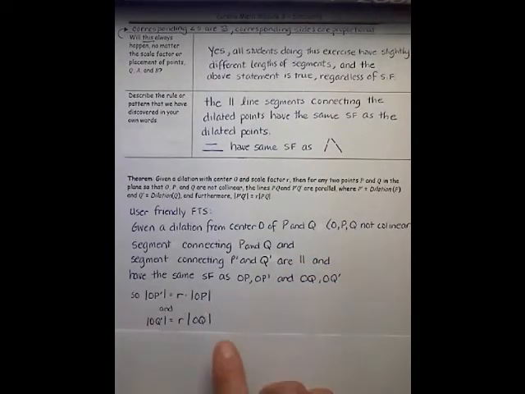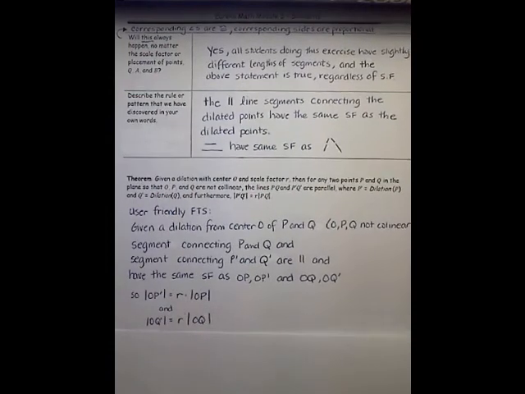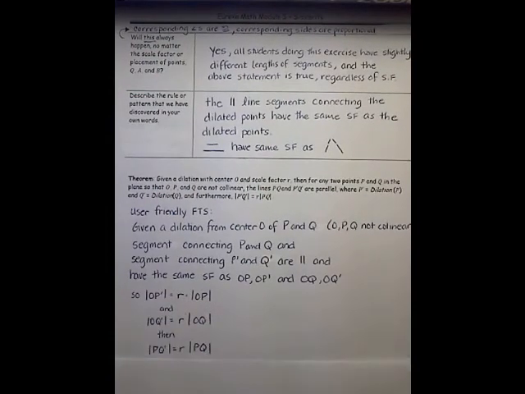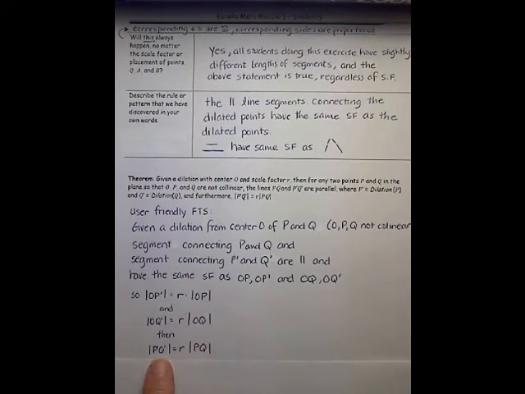There we go. So this is the length of the original segment times the scale factor equals the length of the dilated segment. Then we know that, and these are the segments connecting these points, the length of the original segment times the scale factor will be the length of the dilated segment.